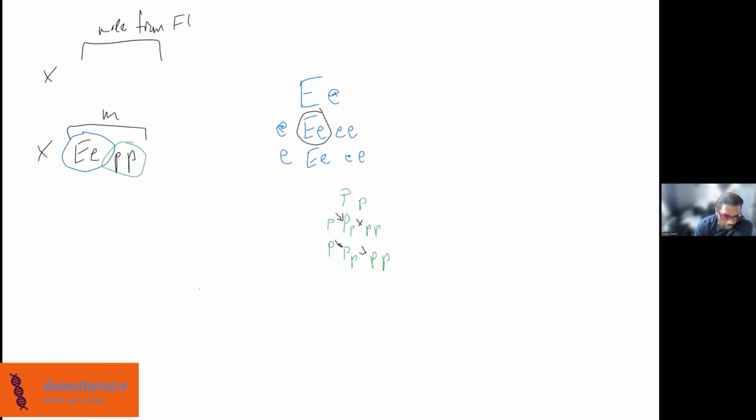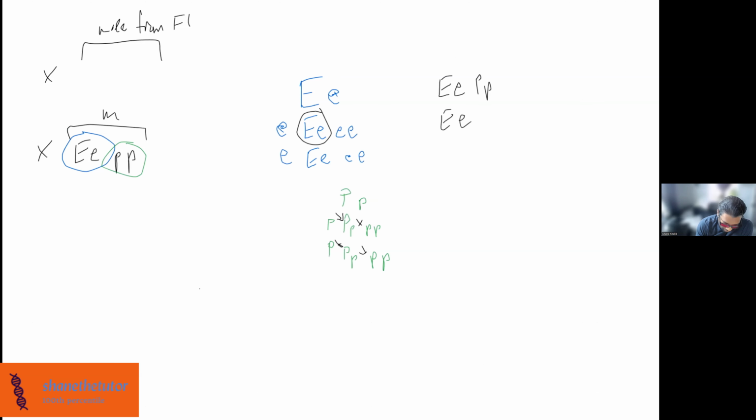So we'll have big E, little e, and then for the P combinations, we have big P, little p, and also little p, little p.